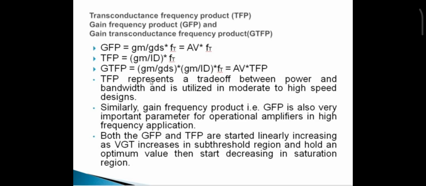By dividing GM and ID one by one and multiplying with the cutoff frequency, you will find TFP, the transconductance frequency product. And the last one, gain transconductance frequency product. By simply multiplying the value of intrinsic gain and TFP, you will find the value and the curve of gain transconductance frequency product.